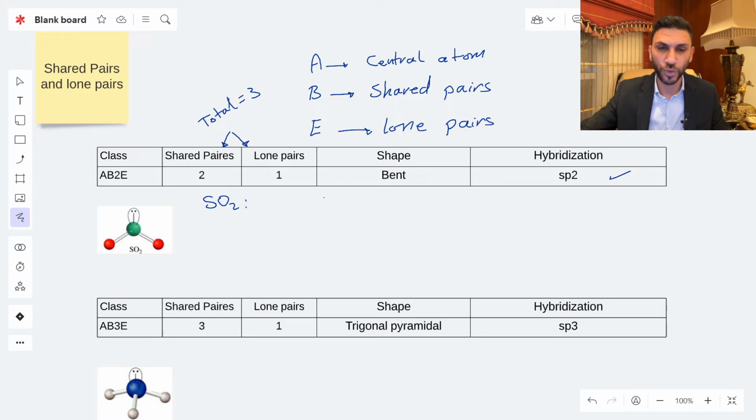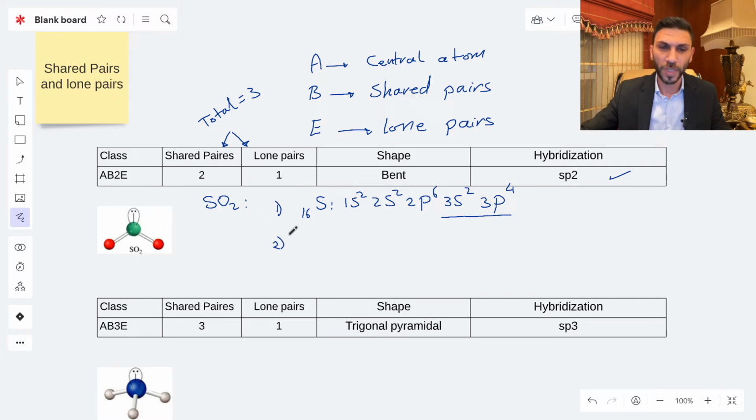So we need to write the electron configuration for sulfur, which has 16 electrons: 1s2, 2s2, 2p6, 3s2, and 3p4. We have 4 electrons in the 3p, but the valence electrons are 6. This is the first step, writing the electron configuration.